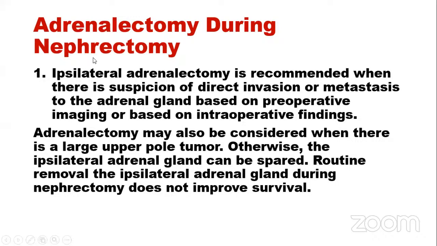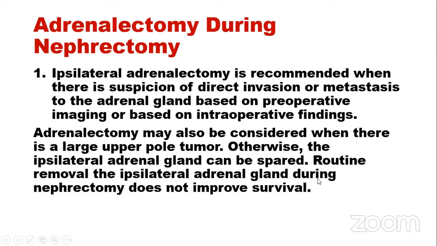Adrenalectomy during nephrectomy. Ipsilateral adrenalectomy is recommended when there is suspicion of direct invasion or metastasis of the adrenal gland based on preoperative imaging or intraoperative findings. Adrenalectomy may also be considered when there is a large upper pole tumor, since the ipsilateral adrenal gland can be spread.